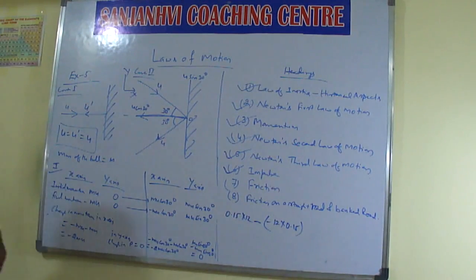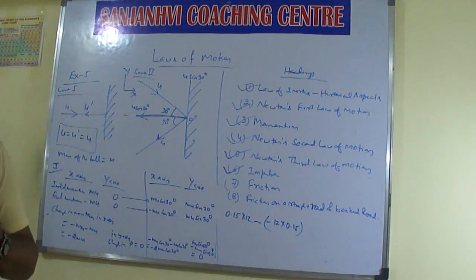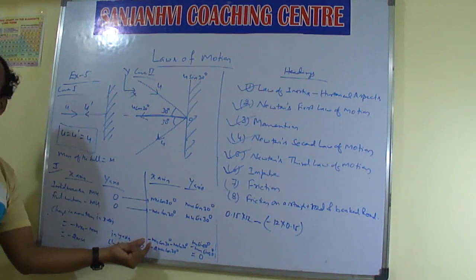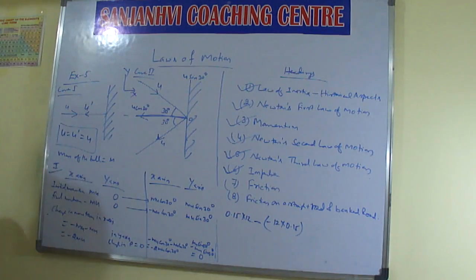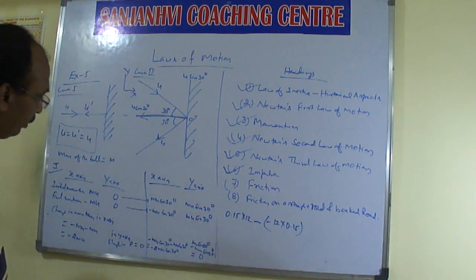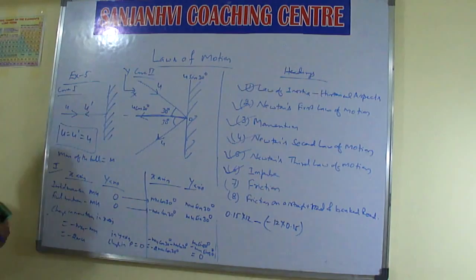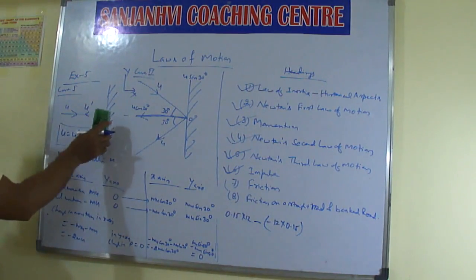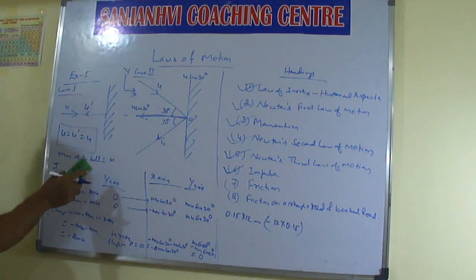So what we need to find, what is the direction of the force on the ball due to each ball. Now tell me, force is equal to ma or mv by t, change in momentum by t, yes or no?